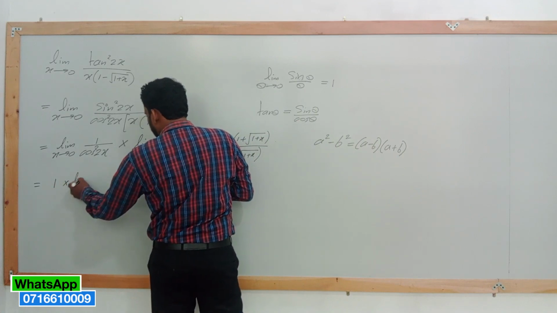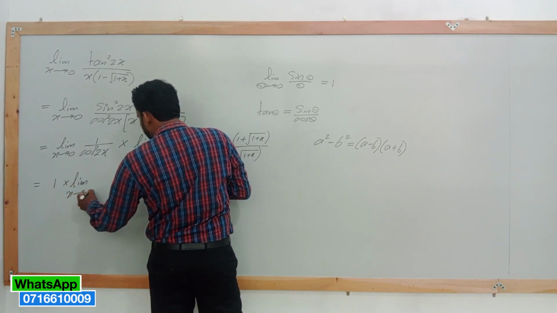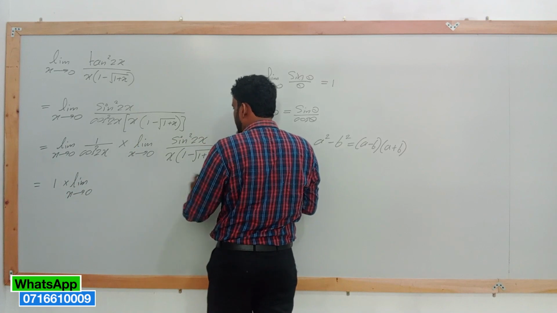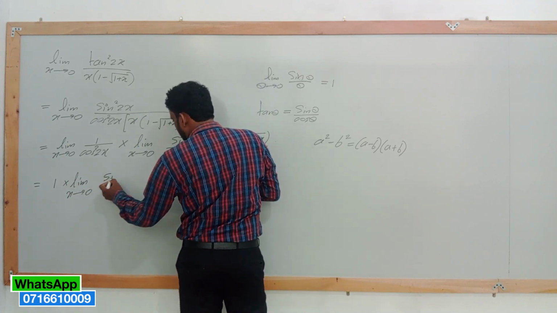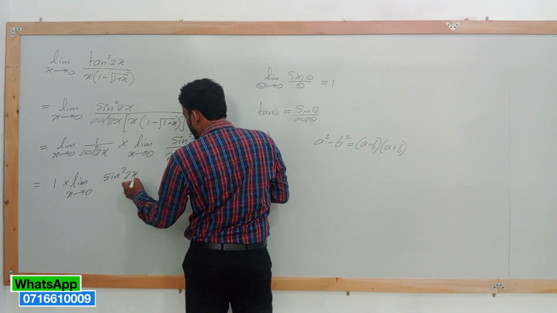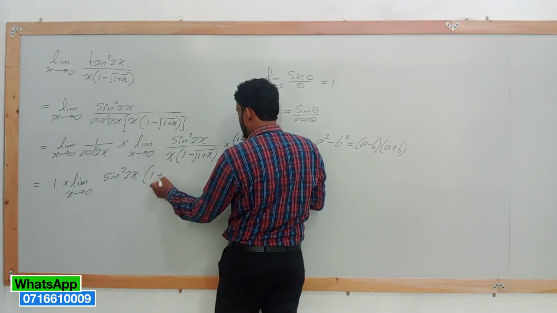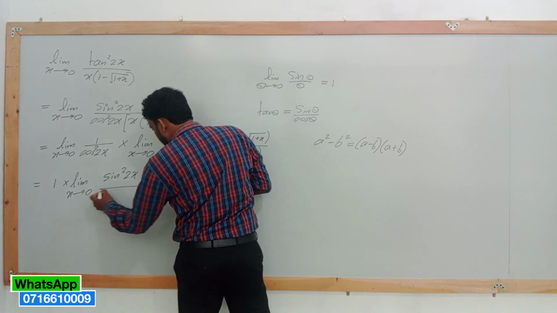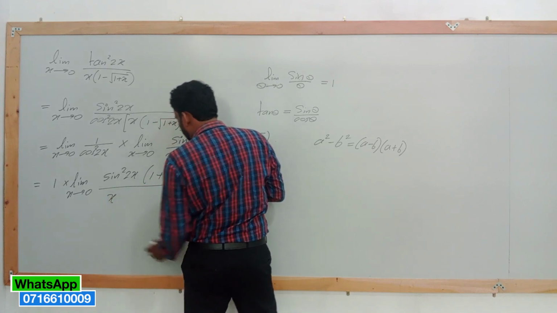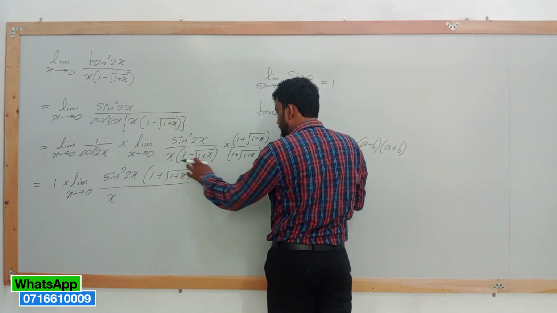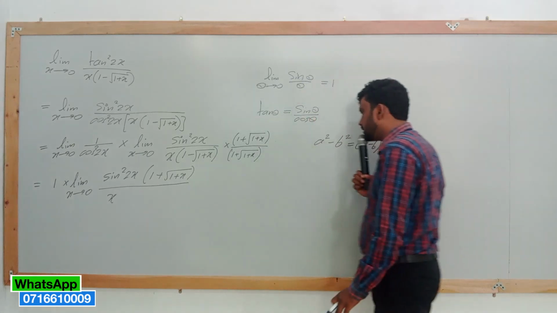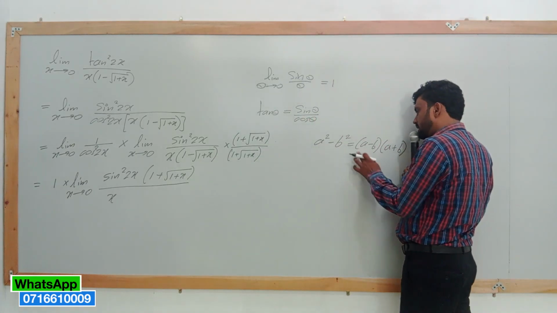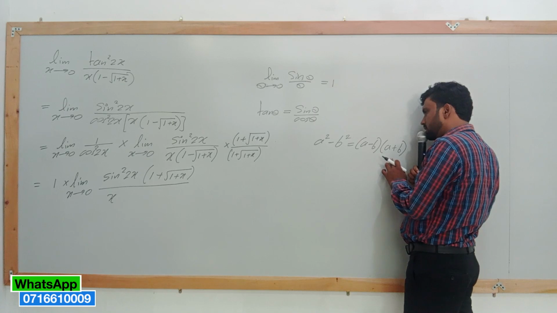Again, limit x goes to 0, sin square 2x into 1 plus root 1 plus x, divided by x into these two. What is that? a square minus b square, a minus b into a plus b.